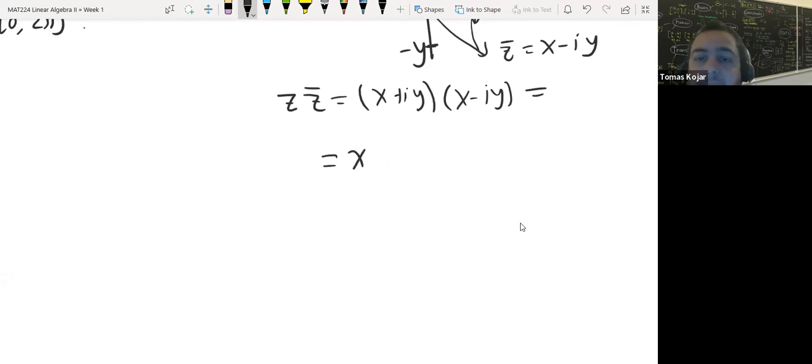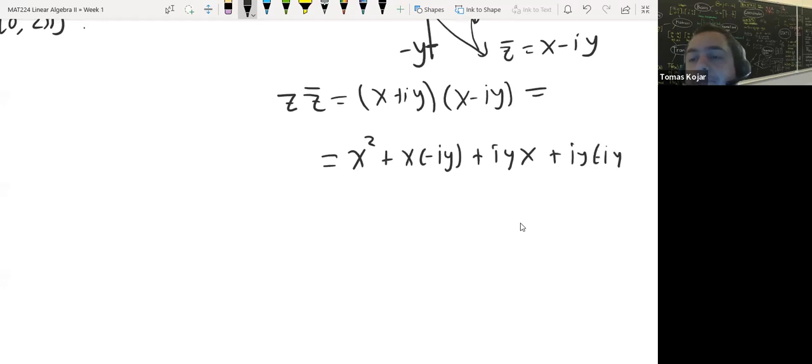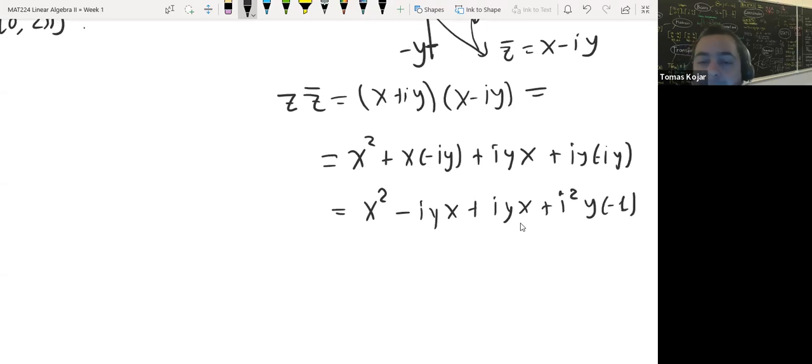So you have x squared, you have x times minus iy, you have iy times x, and you have iy times minus iy. Let's clean this up. x squared minus iyx plus iyx, and then i squared y squared with minus 1.